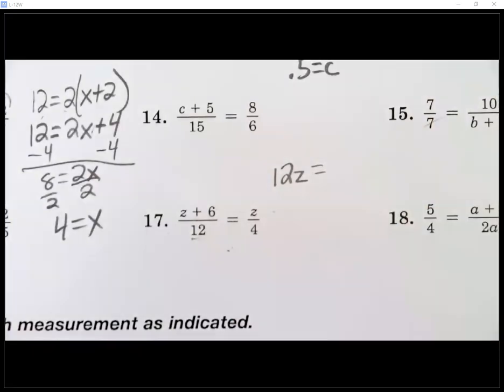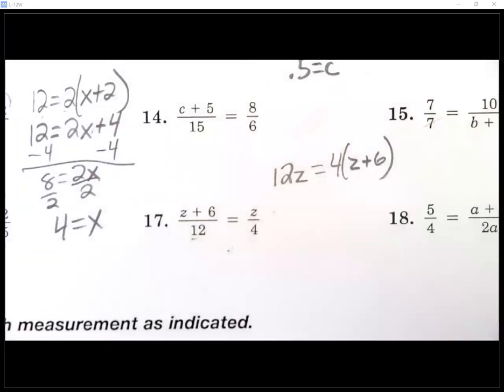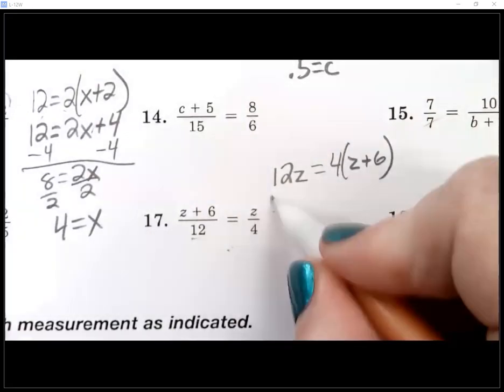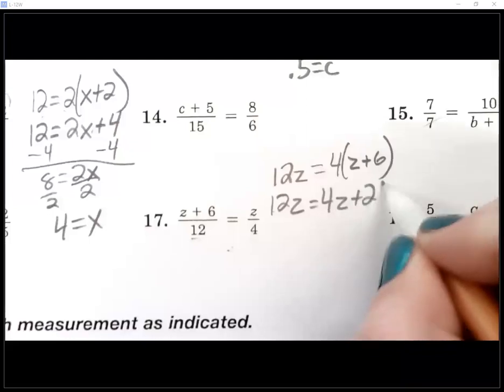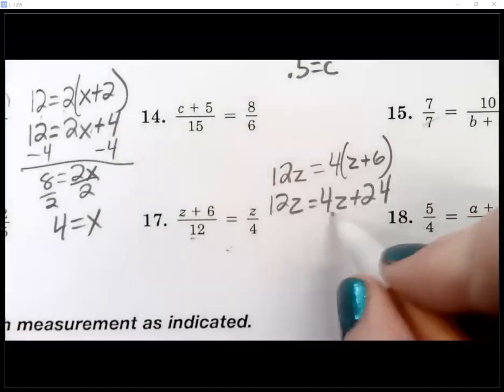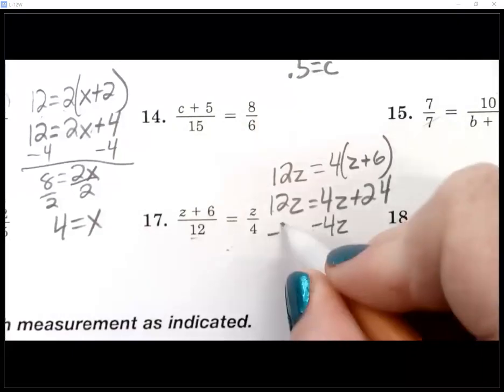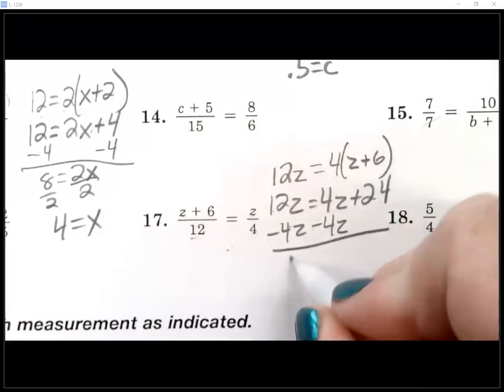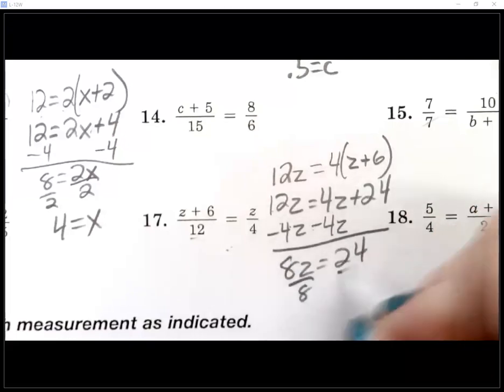I'll have to do 4 times z plus 6. So let's distribute on that side. 12z equals 4z plus 24. I have variables on both sides. So let's subtract 4z to get them together. So now I get 8z equals 24, and I think you said 3, right? And you are correct.